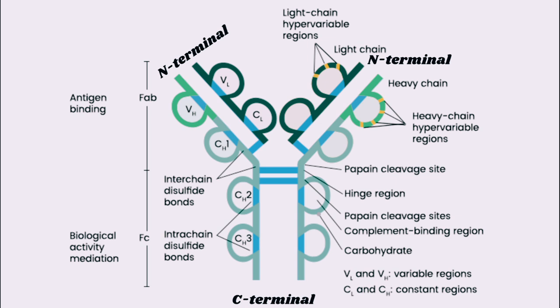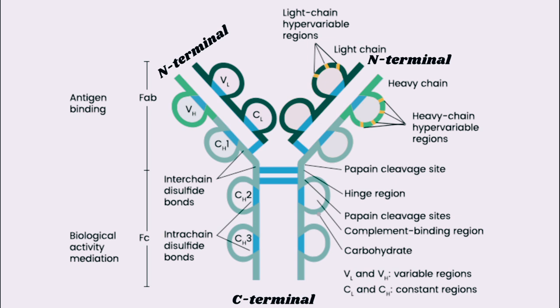Now we'll go to the regions of this immunoglobulin structure. It is divided into two regions: the variable region, or variable domain, and the constant region, or constant domain.